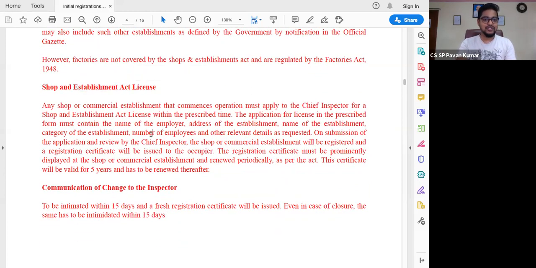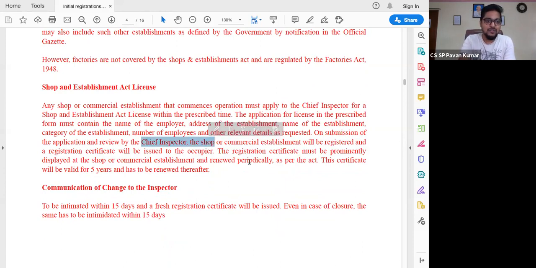You have to apply to the appropriate authority, who would normally be the inspector or the commissioner, who also takes care of labor wages, because in each state the office of the inspector is designated to a person, who is normally called the chief inspector.